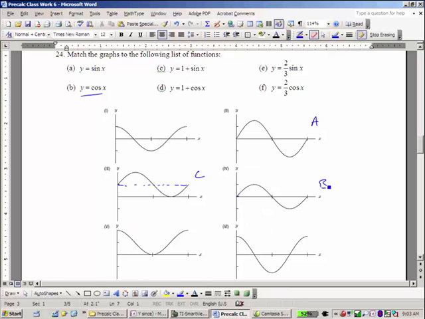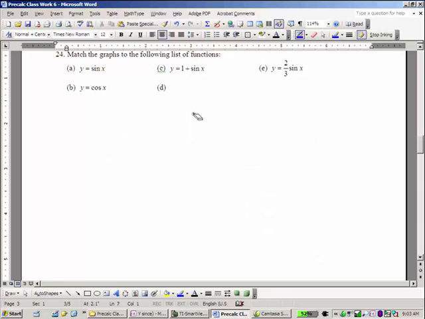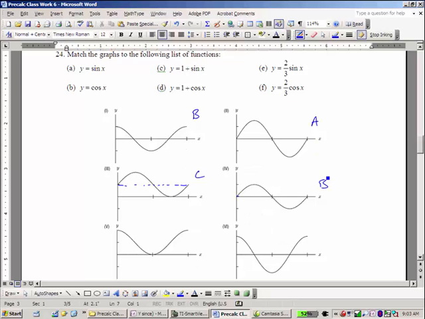No. Try again, Pete. Cosine is definitely 1. Okay, B matches up with 1 because cosine starts at its maximum and goes down from its maximum like that. Sine starts at the midline and goes up. All right, call on someone.